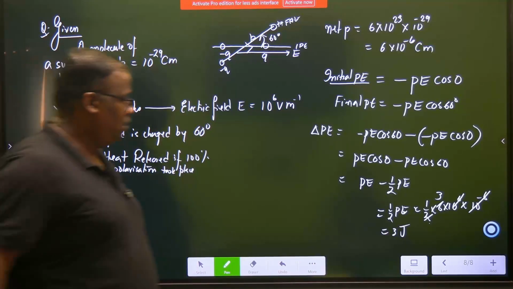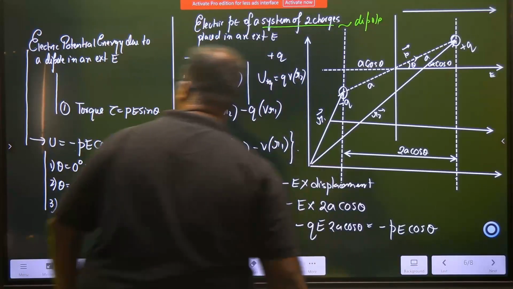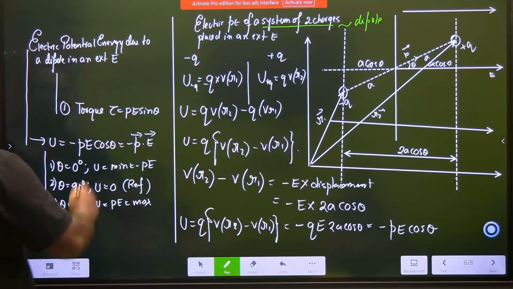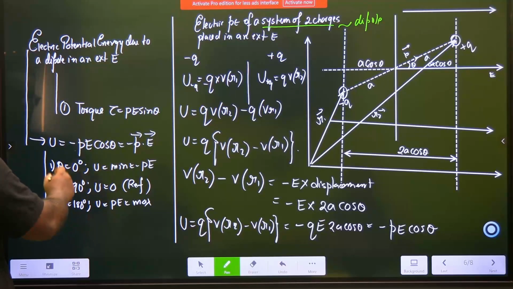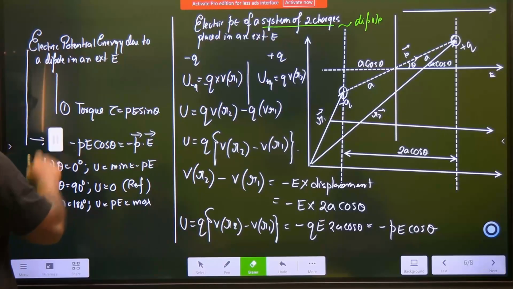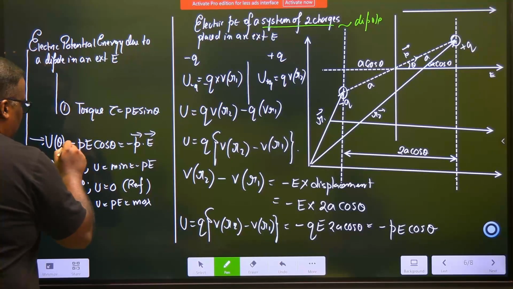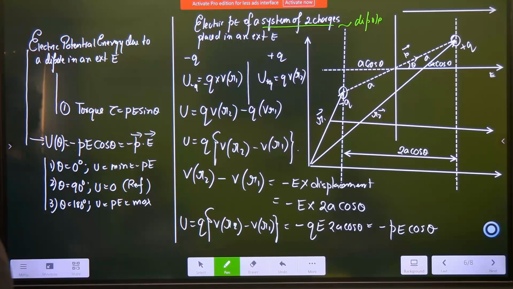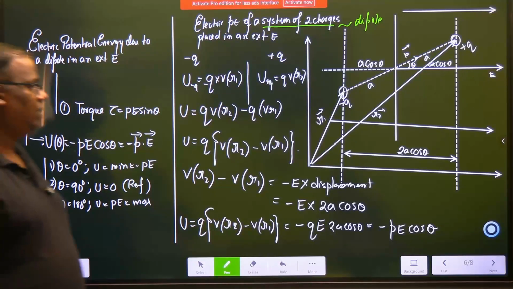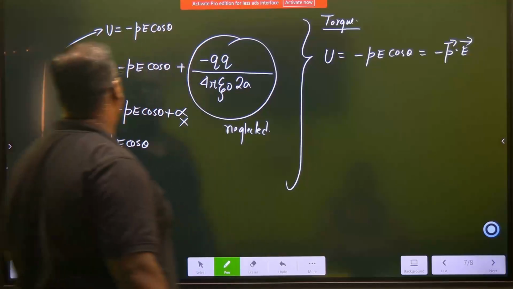Rather, to make it mathematically correct, I think I should write it like this. This is U. So we should write it like this, so that you don't make this mathematical mistake. We write U at a point theta is equal to negative of PE cos theta.